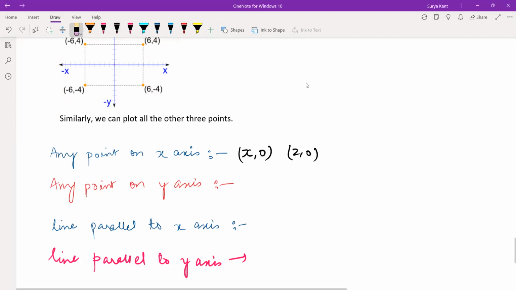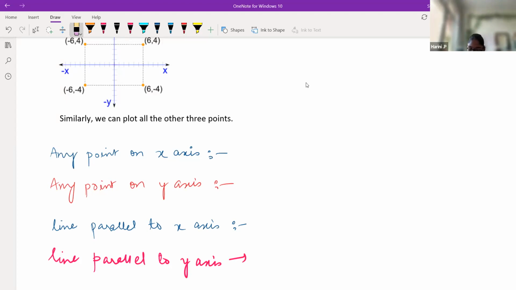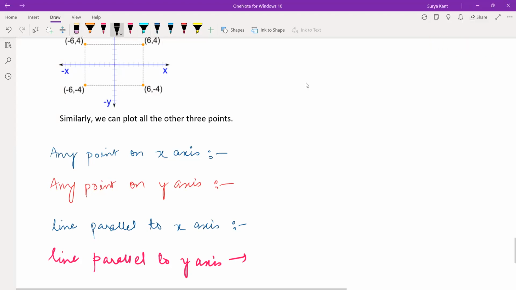Your answer is correct, but you have given one example. So for any point on the x-axis, y is what? 0. Any point on the x-axis, y should be 0. Any point on the y-axis, x should be what? 0. You can see on the coordinate plane.